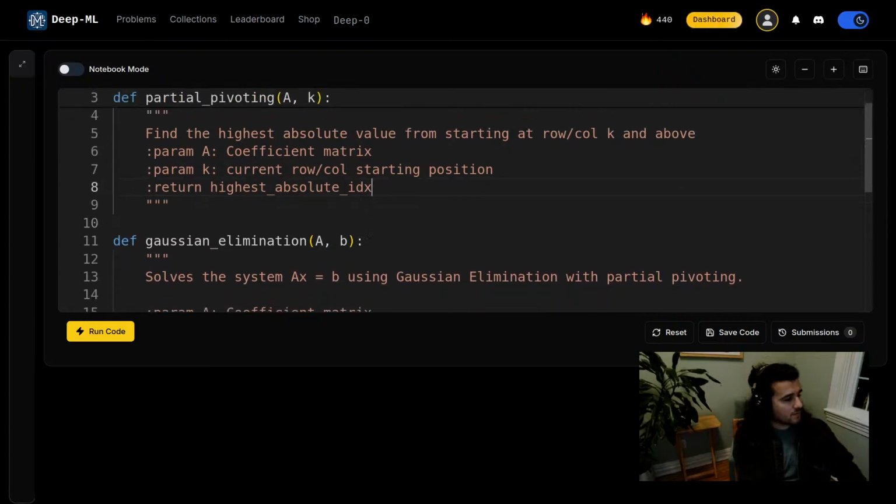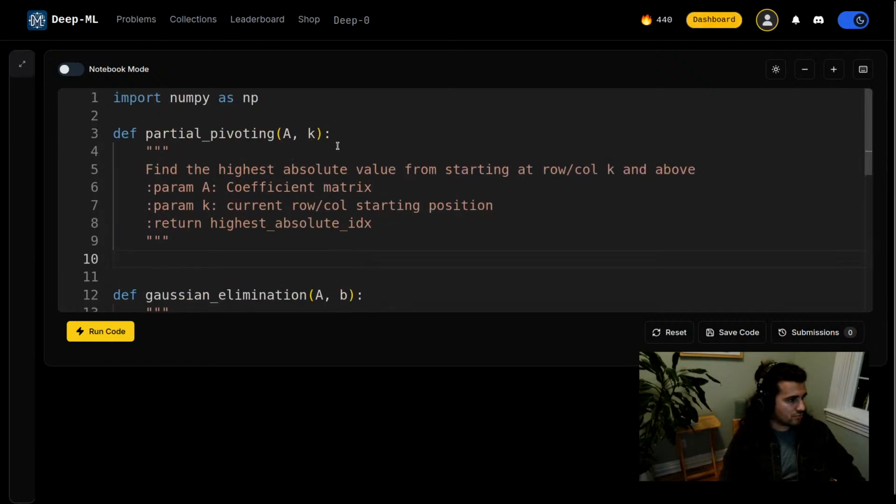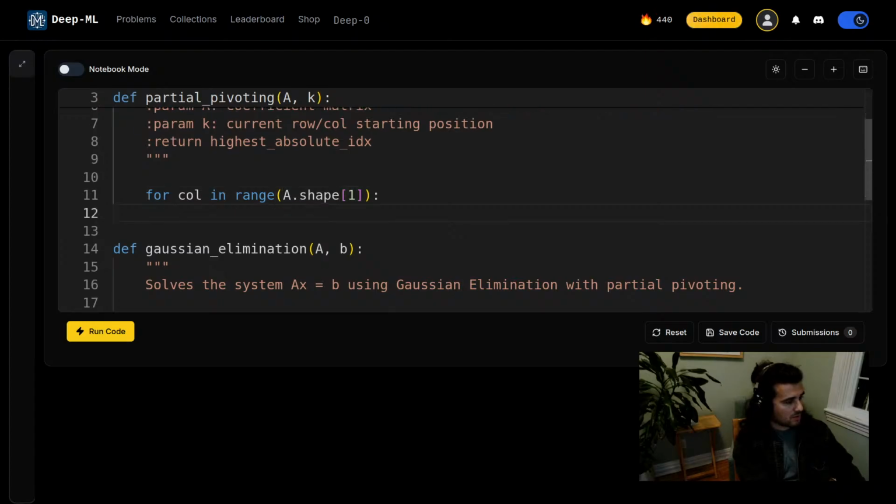right? So that being said, what we're gonna do is for column in range A shape 1, right? But we start from K, right? We're doing it like that.